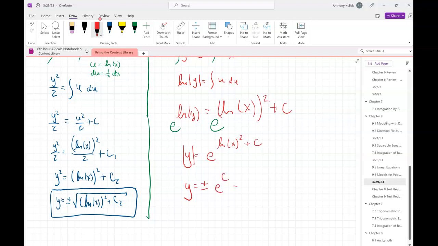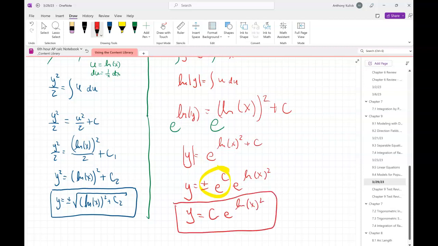I can use my exponent rules to do this. And I'm going to just call all of that C. Or if you wanted to leave the plus minus there and do plus minus C, that's fine too. Either is okay.